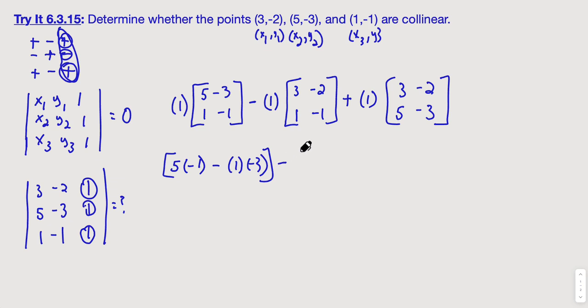That's minus 3 times negative 1 minus 1 times negative 2, and then plus 3 times negative 3 minus 5 times negative 2.